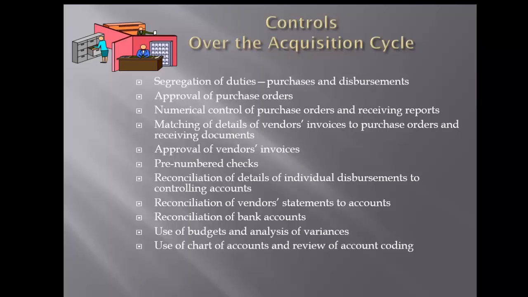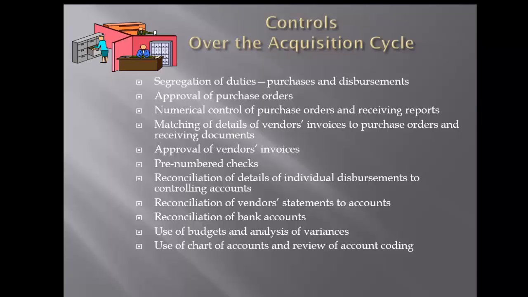Now, once it's been ordered, it's going to be received. So receiving should be receiving the product and documenting what they actually received. Then when accounts payable gets the invoice, they are doing what we call a three-way match.